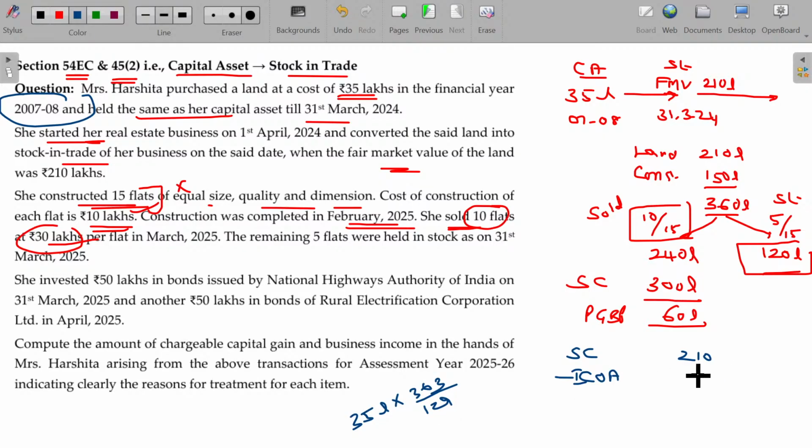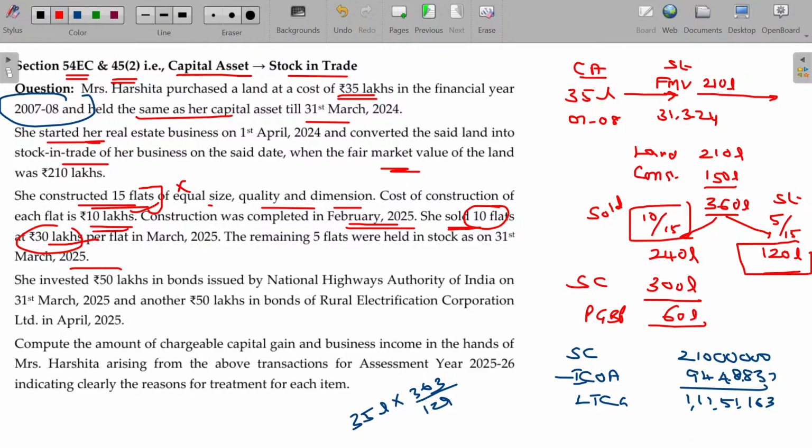This value is 98 lakhs 48,837. Now the long-term capital gain in this case is 1 crore 11 lakhs 51,163.